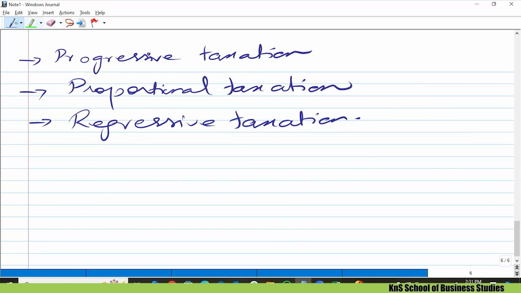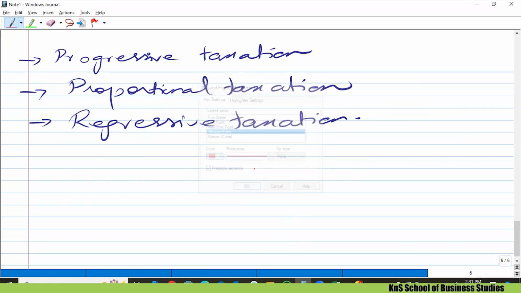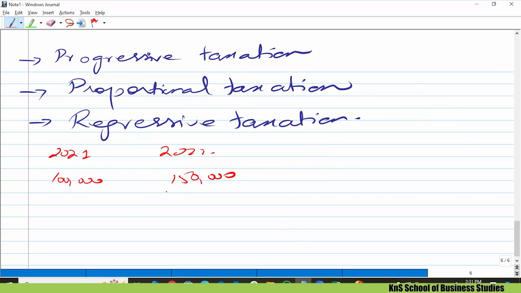What happens in progressive taxation is that as soon as my income increases, let's suppose in 2021 and 2022, here my income was 1 lakh, but now my income has moved to 150. Here I used to pay 10%.